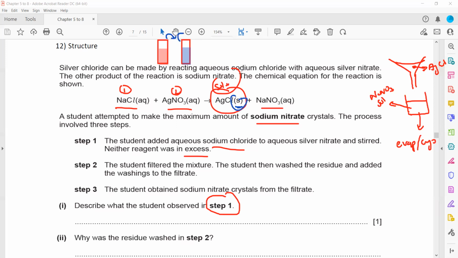So by mixing two liquid solutions, a solid is formed. So you can write PPT or precipitate. PPT or precipitate means that a solid is formed by mixing the two solutions. You can mention the color of the precipitate, but the important thing is mentioning that we observe a precipitate, and silver chloride precipitate is white in color. So you can mention white PPT.